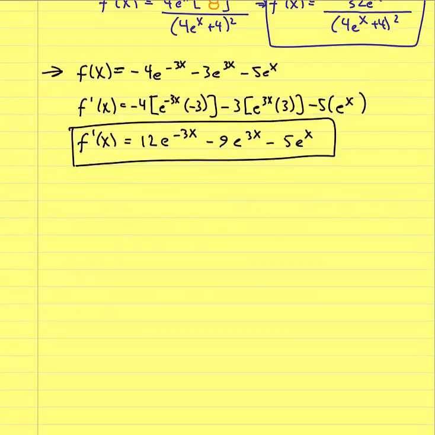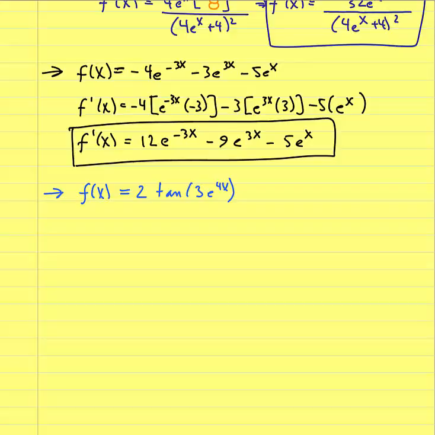Now we could also have trig involved in these, and of course anytime we can have trig involved in calculus, that's always a good thing. So let's look at an example where we have f of x equals, let's do 2 tangent 3e to the 4x.